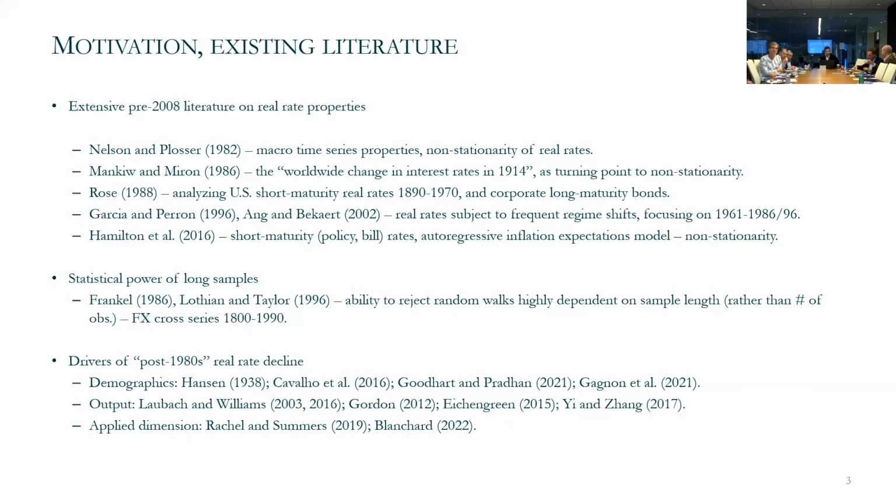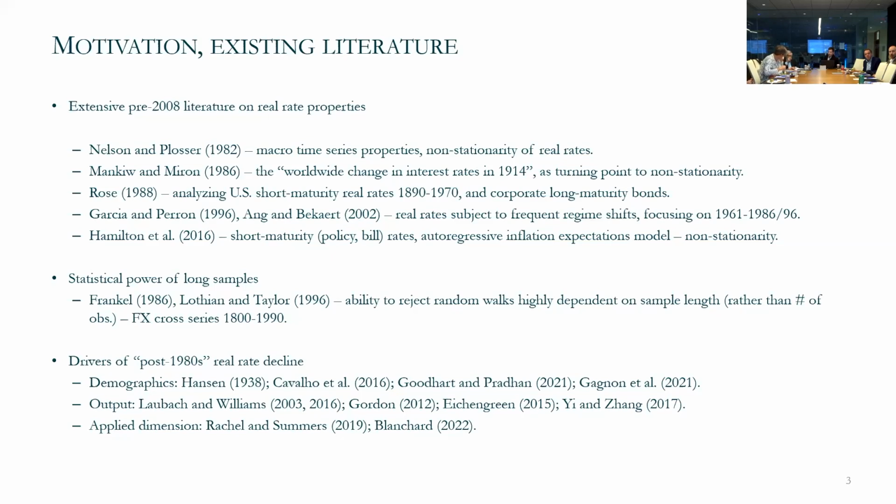The statistical power of your analysis rises dramatically if you look at long samples. Jeff Frankel and Lothian and Taylor are prominent papers that have applied these insights to the British pound and French franc crosses over time, for instance.